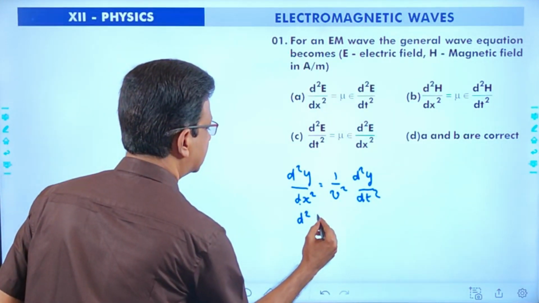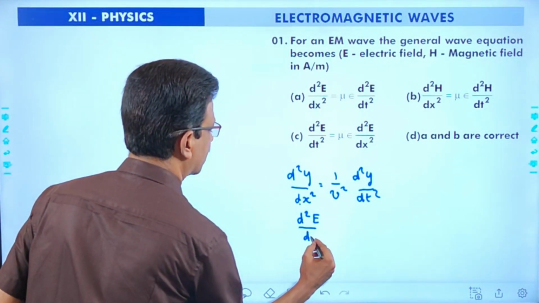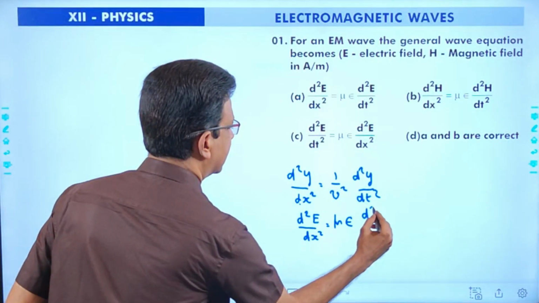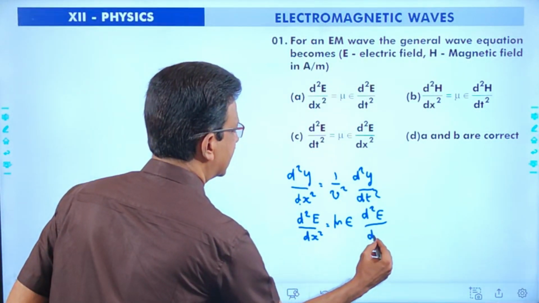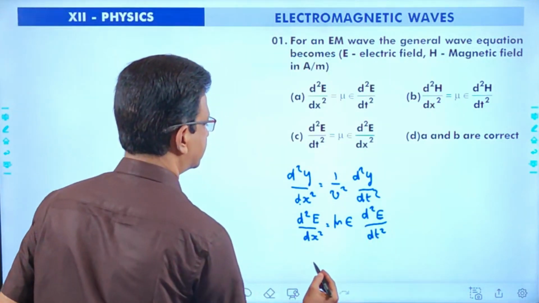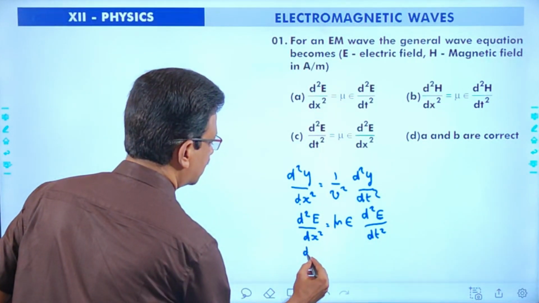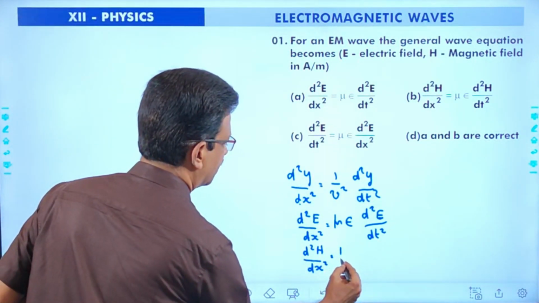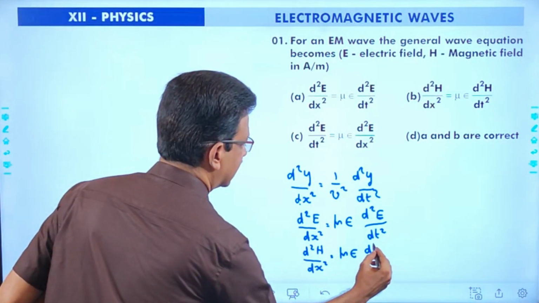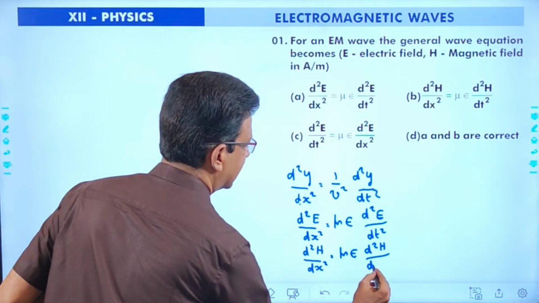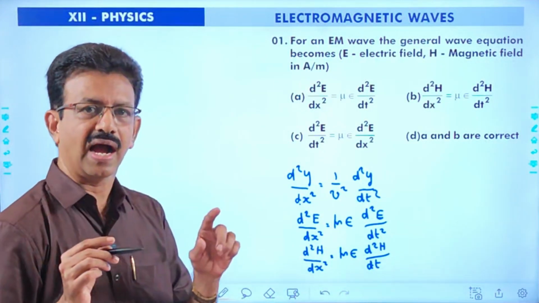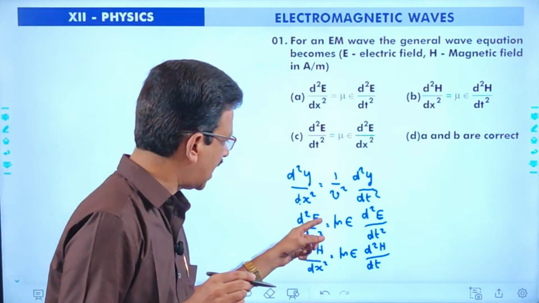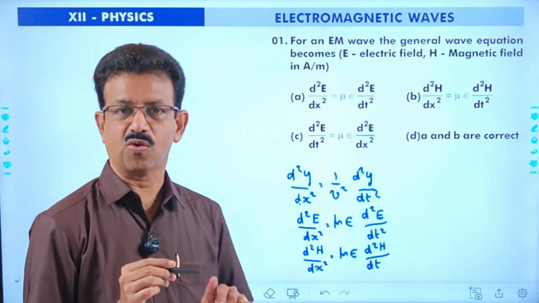If E is the variable, d square E by dx square equal to mu epsilon d square E by dt square, or d square H by dx square equal to mu epsilon d square H by dt square. Here, either the electric field or the magnetic field becomes the variable. These two are the general wave equations for an electromagnetic wave.